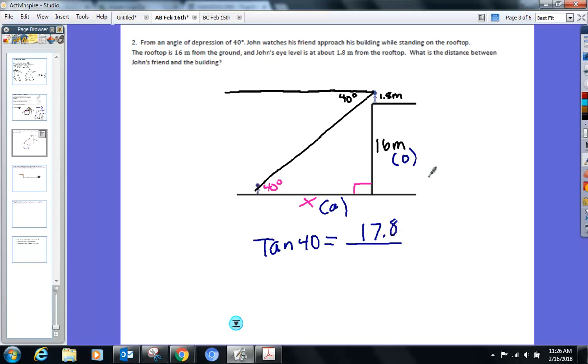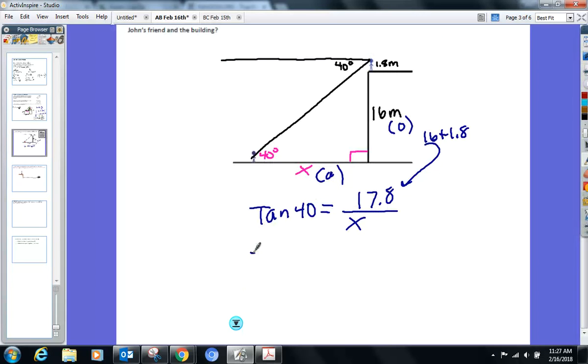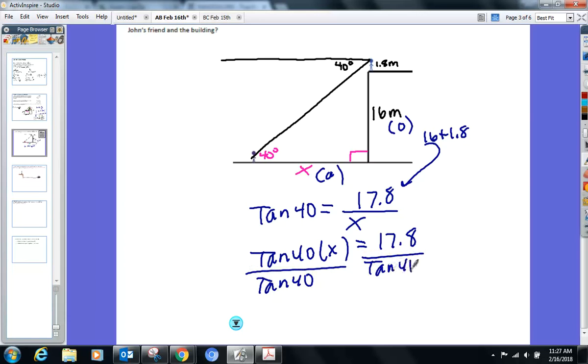Thank you. Nearest tenth again. 21.2 meters.